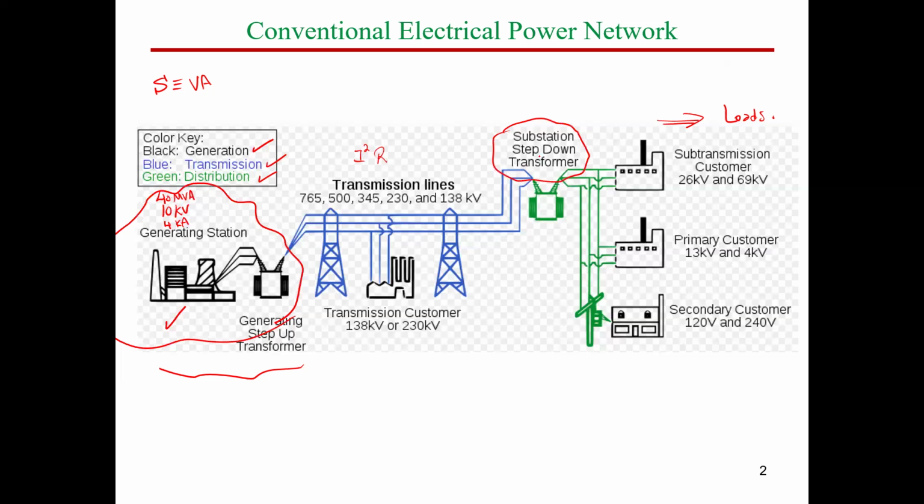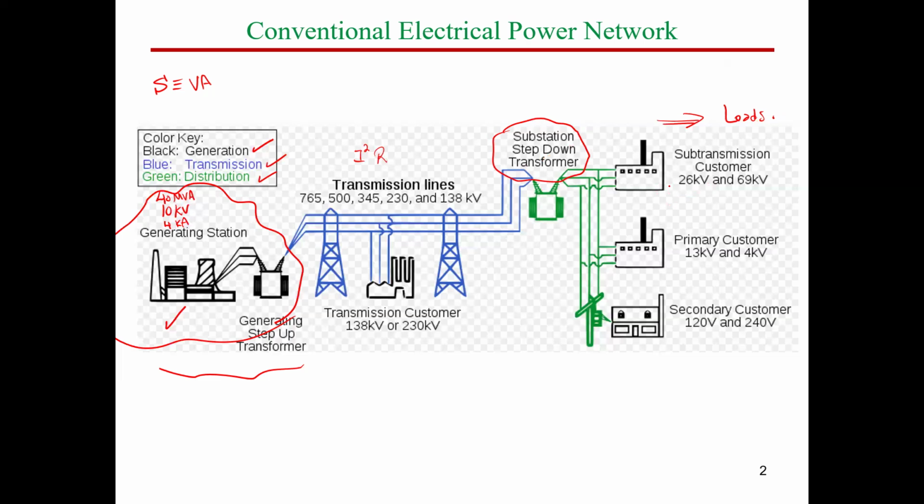We don't step down the volt, guys, to the same voltage level of domestic loads, which is 110 or 220 line to line. We do it in levels as well, because some customers need relatively high voltage levels.